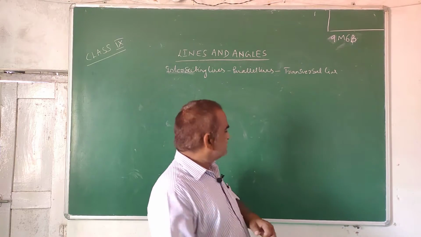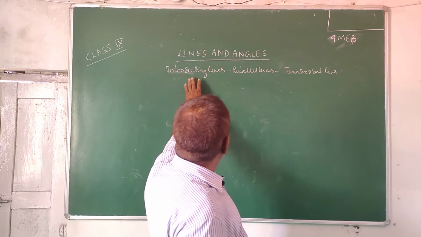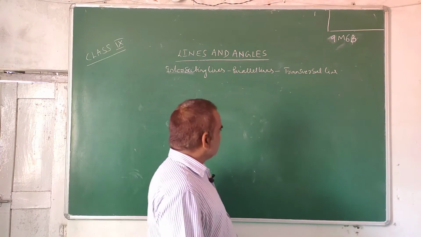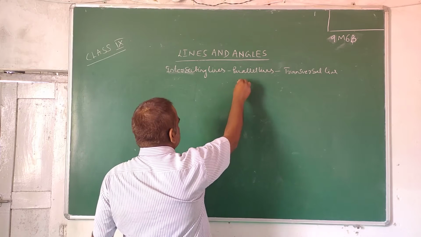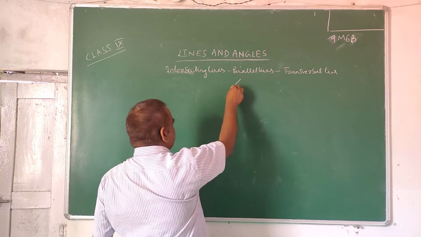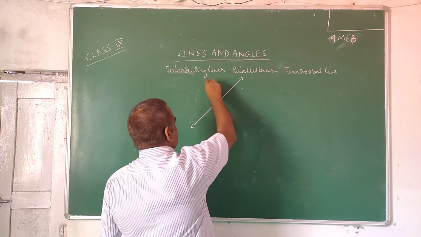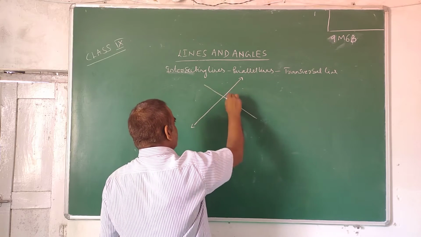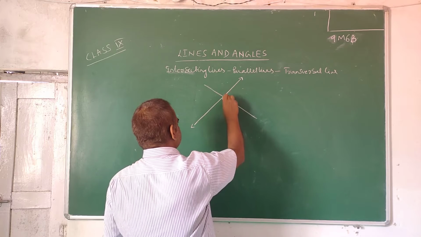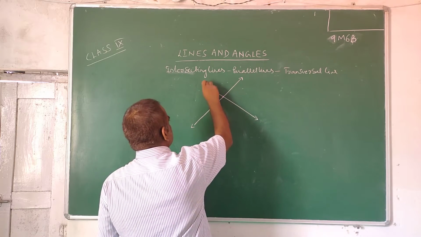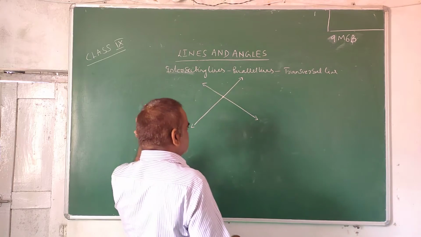Now, dear students, we are going to discuss intersecting lines, parallel lines, and transversal. So, two lines crossing through one point are called intersecting lines.